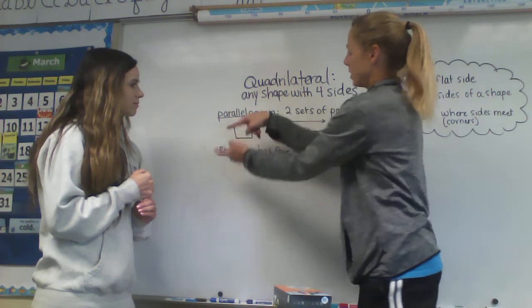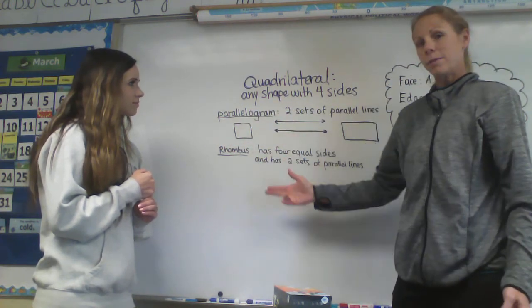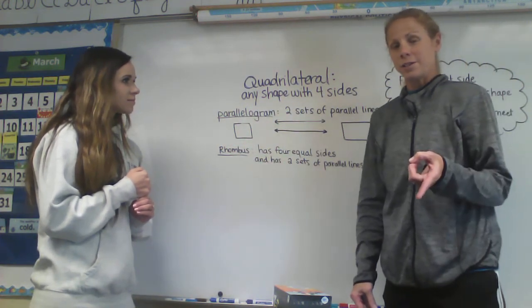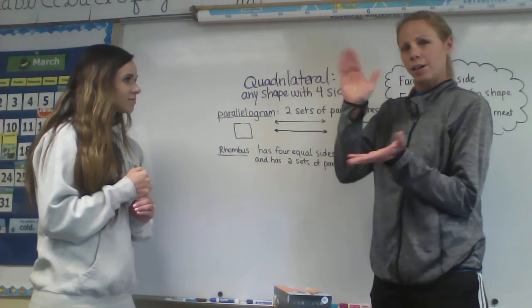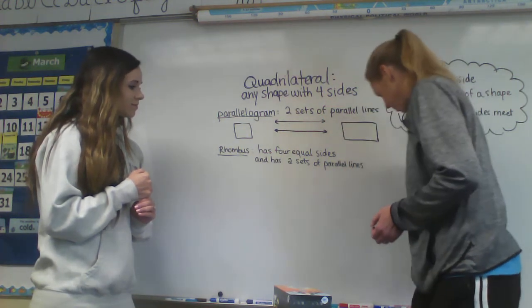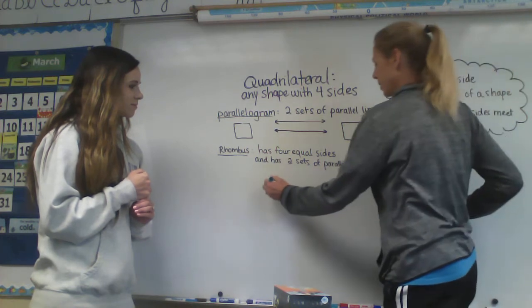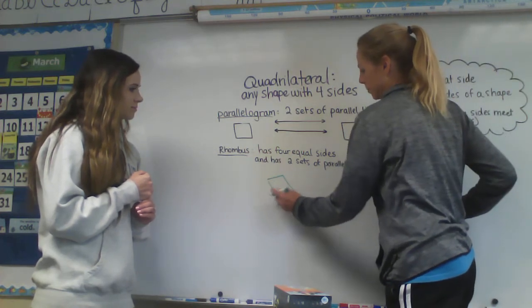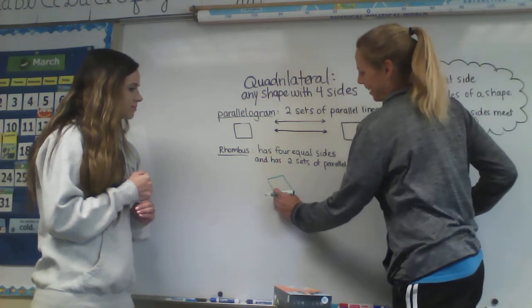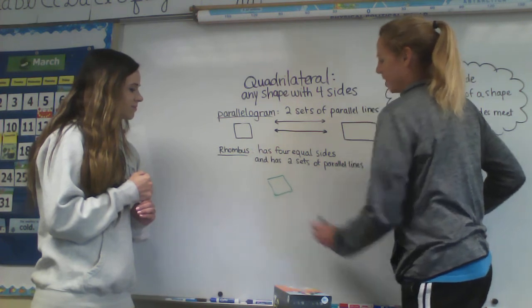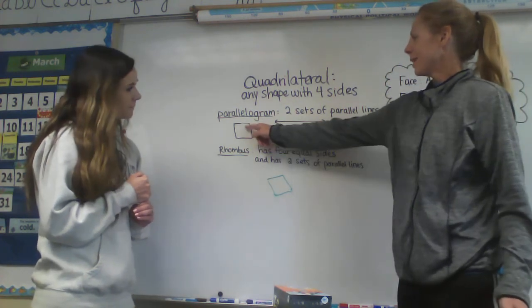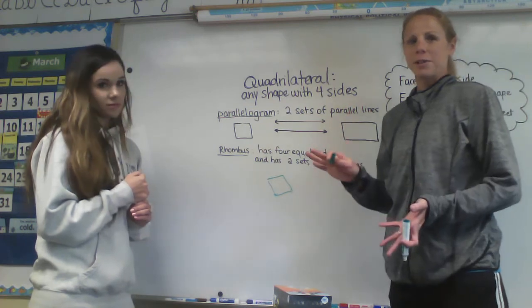One set, two sets. So a square is a rhombus, but there's another thing that's a rhombus. It's actually like a crooked square, which is also a rhombus because it follows the rules. Oops, that looks a little rectangular. Okay, so a rhombus can be a square and a crooked square.